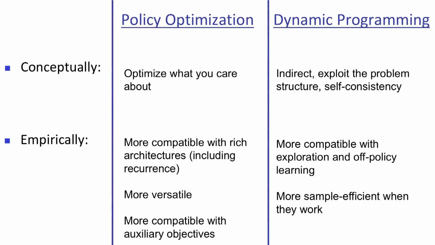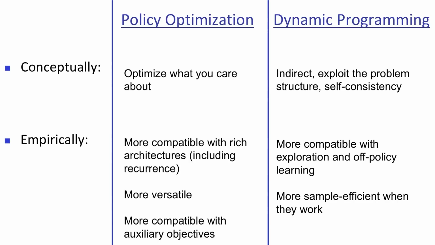Let's dive a little deeper in terms of the differences. Policy optimization, you optimize directly what you want, what you care about. You're going to optimize a policy that maximizes expected sum of rewards. If you do dynamic programming, let's say you learn a Q function, you run DQN, you learn a Q function that tries to satisfy the Bellman equation. But if it doesn't satisfy it, which typically will be the case, it'll be some approximation.